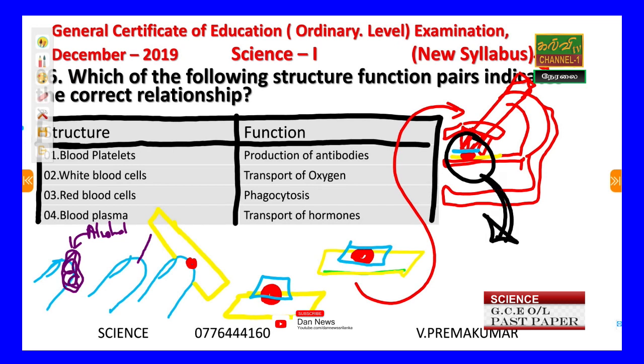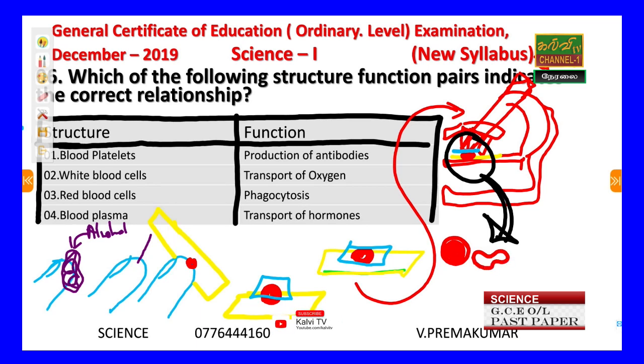When you see through this diagram, you can find out different kinds of cells. For example, red blood cells. The side view you can find out as dumbbell shape.